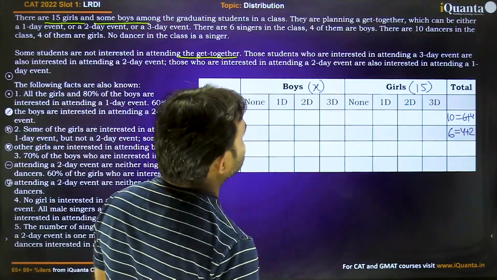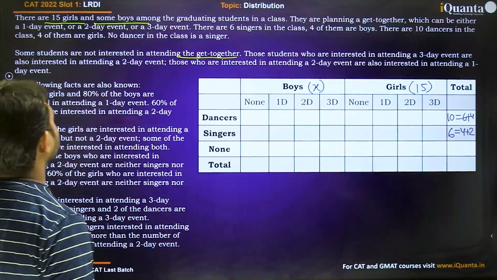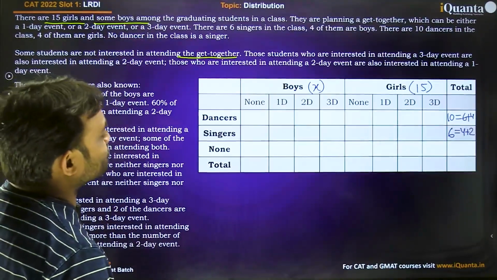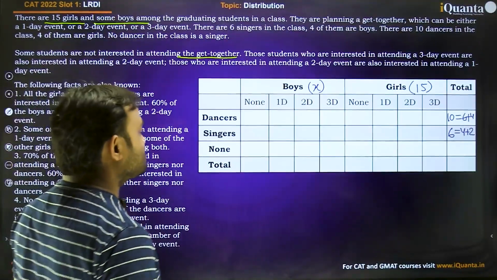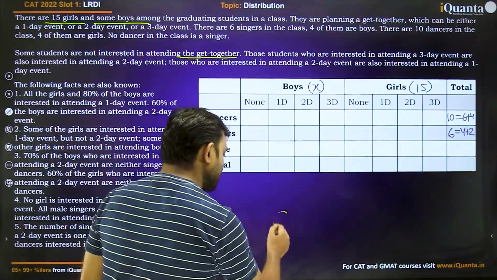Those students who are interested in attending a 3-day event are also interested in attending a 2-day event. Those who are interested in attending a 2-day event are also interested in attending a 1-day event. So the situation about these students is like this.